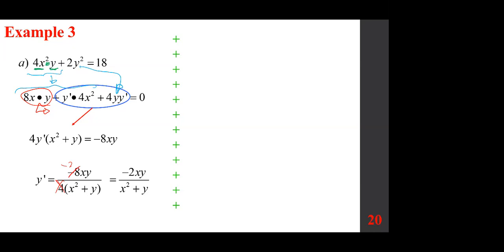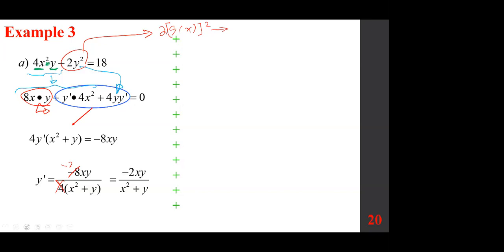I have a quick question. Sure. So on the second line down, can you explain why we have the 4y prime? Is that because we're trying to find it or because the y is to the second power? We are differentiating 2y squared. So let's differentiate 2 times g of x squared.